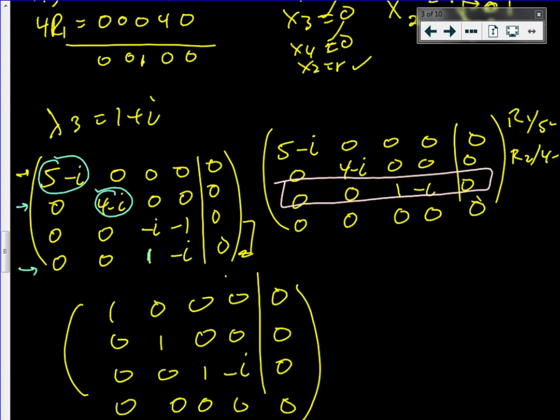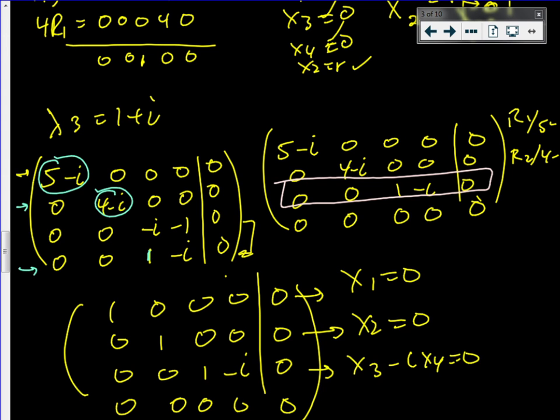The first equation tells me that x1 is 0. Second equation tells me x2 is 0. The third equation tells me x3 minus I times x4 is 0. That means that x3 is I times x4.